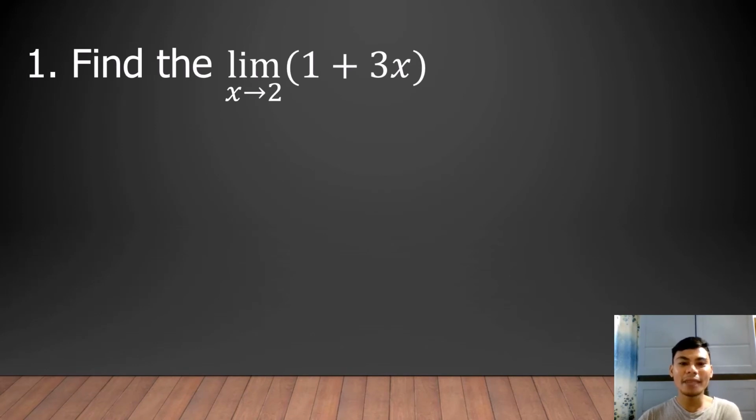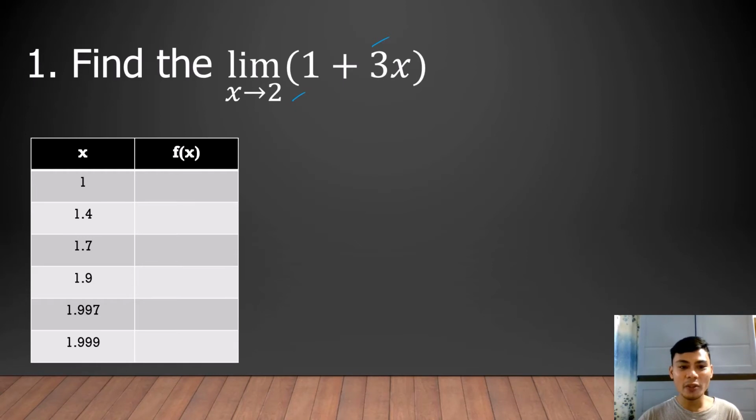Now let's have example number 1. Find the limit of 1 plus 3x as x approaches 2. Using table of values, we will have values from the left and from the right. You may ask, what do values from the left and from the right mean? We will draw a number line. You know the number line, where 0 is at the center, negative 1, negative 2, while here, 1, 2, 3.